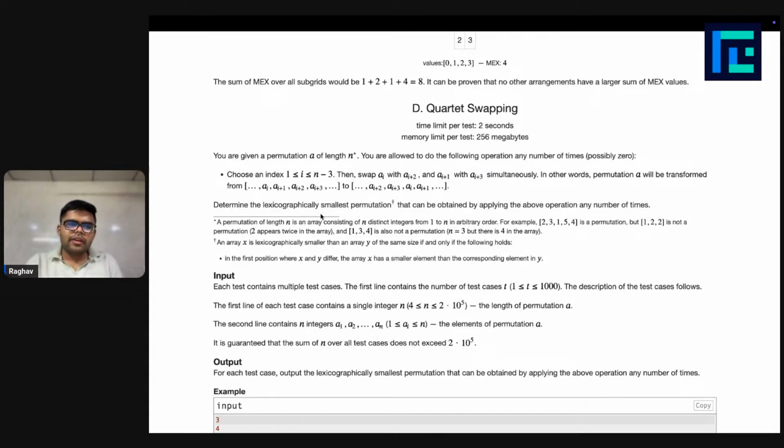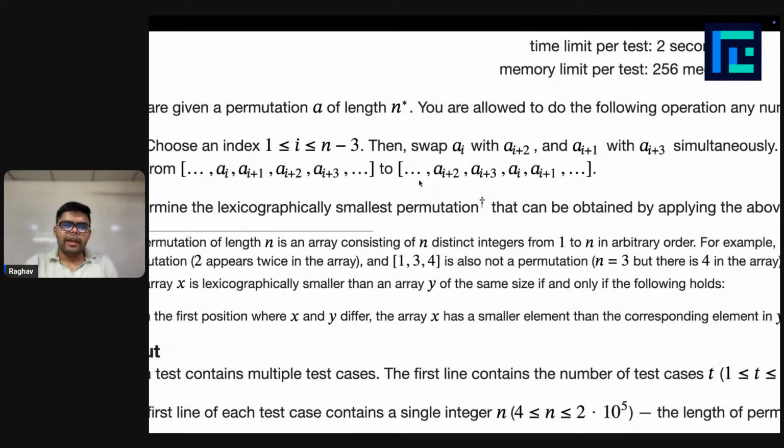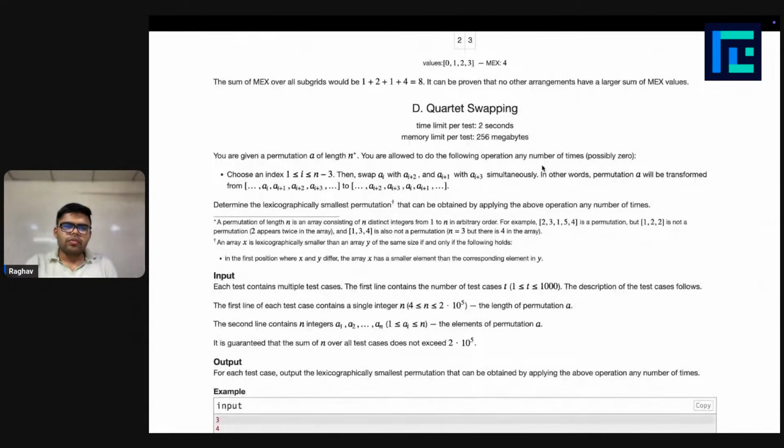In other words, if the permutation looks like A_i, A_(i+1), A_(i+2), A_(i+3), it would be permuted to A_(i+2), A_(i+3), A_i, A_(i+1). We have to determine the lexicographically smallest possible permutation that can be obtained after applying the above operation any number of times.